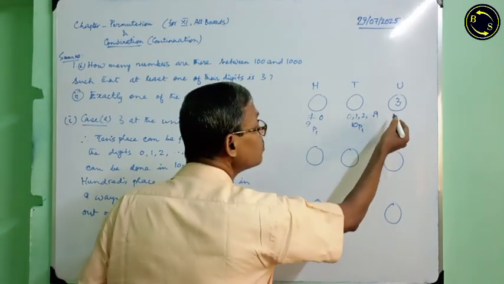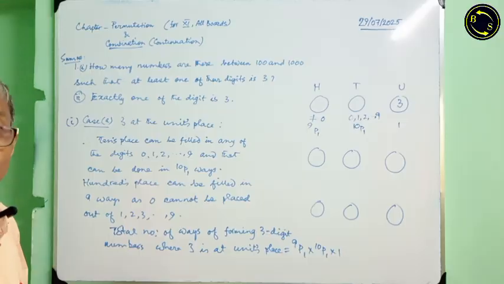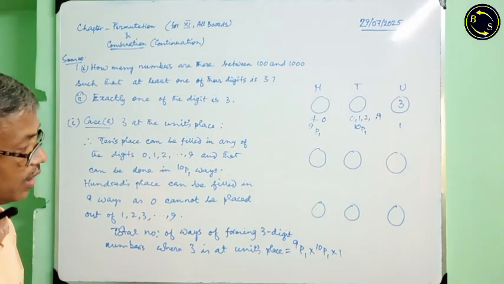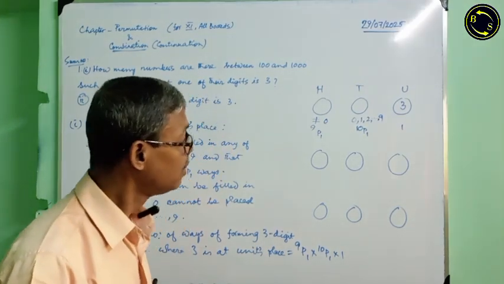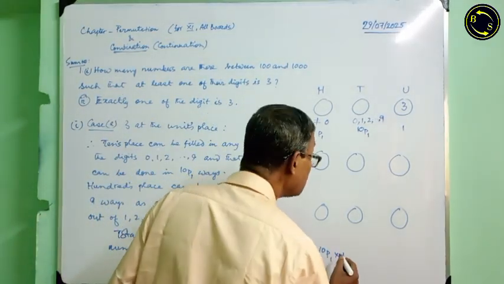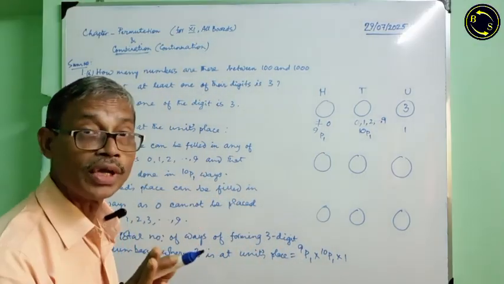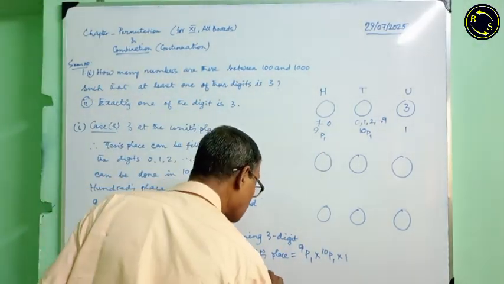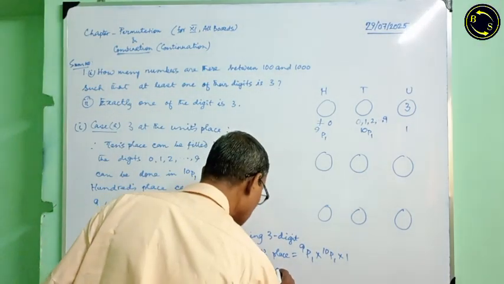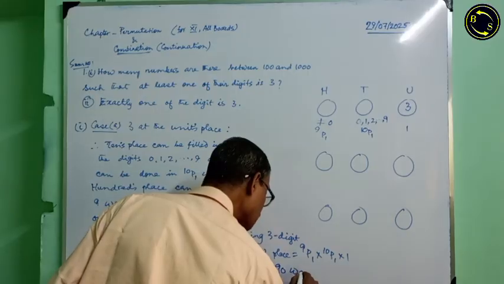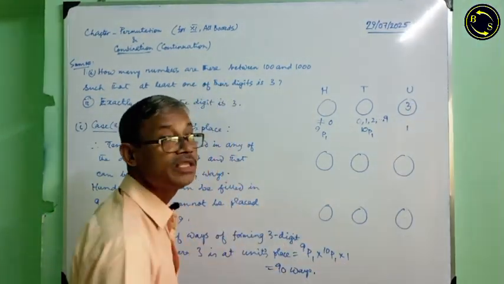Why 1? Because 3 is placed at the units place. That means we can say 3p1, 3 in one way rather. Therefore, that will be 90 ways. 3 is already placed, that means in one way.